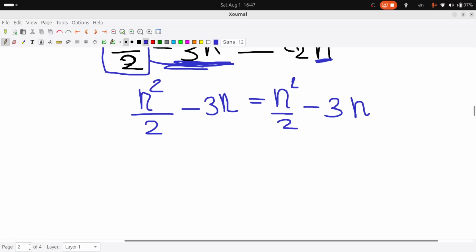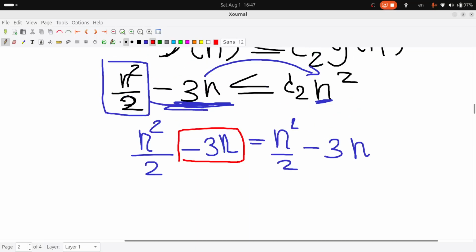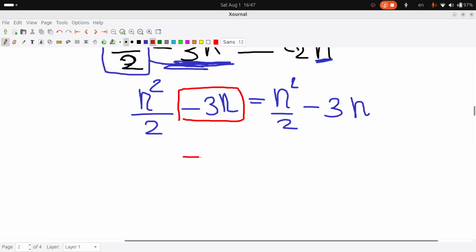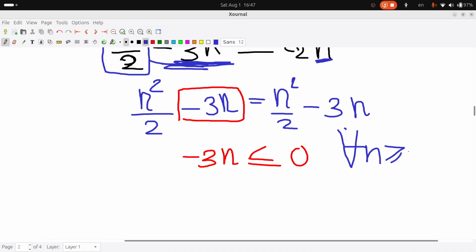And we know that the easiest way to cast this is we say that negative 3n is less than 0. That is the easiest, because what n? That is n equal to 1.